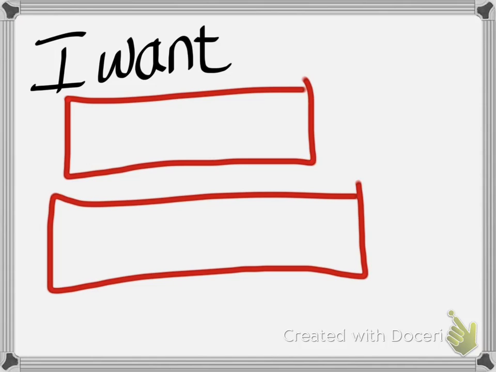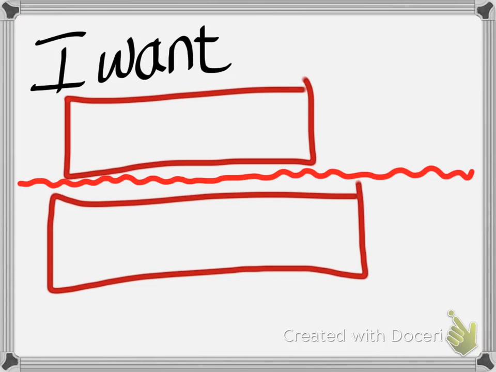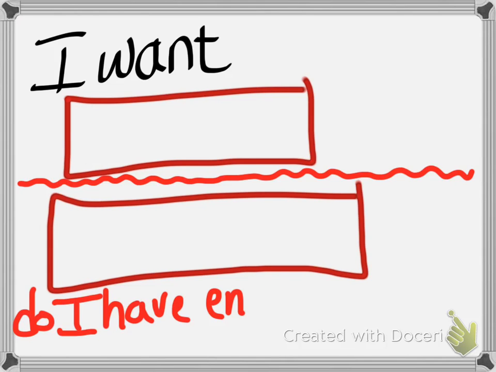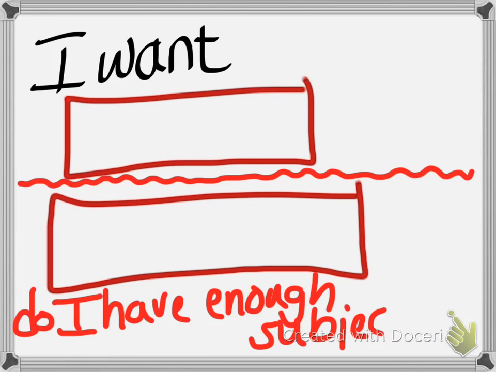Why? Because in this case, it's not a philosophical problem of whether I can control the action. It's just, do I have enough subjects? And in this case, I don't.